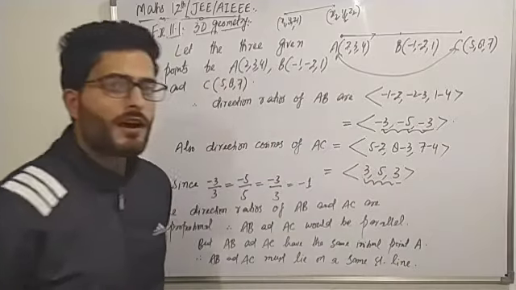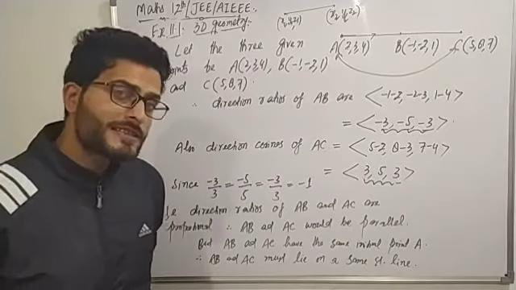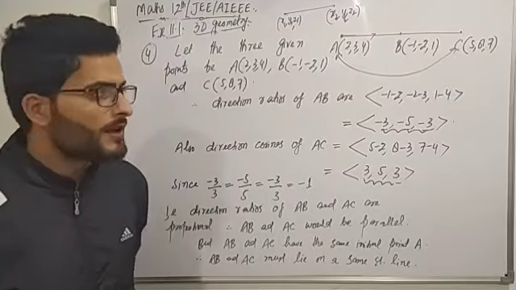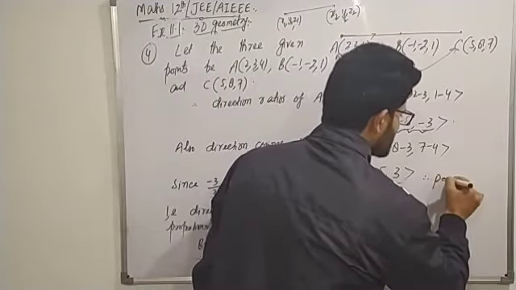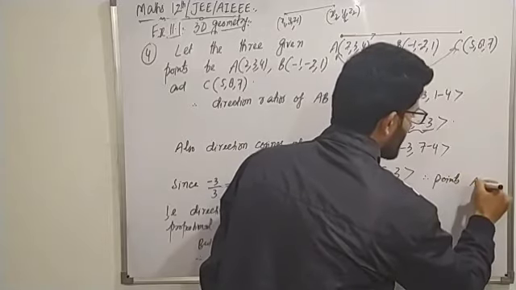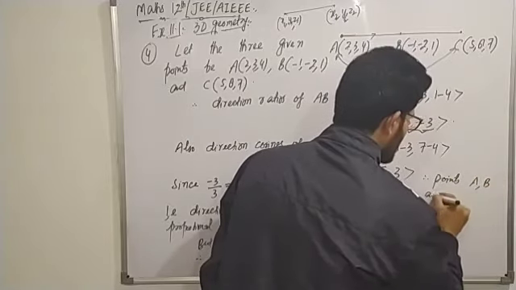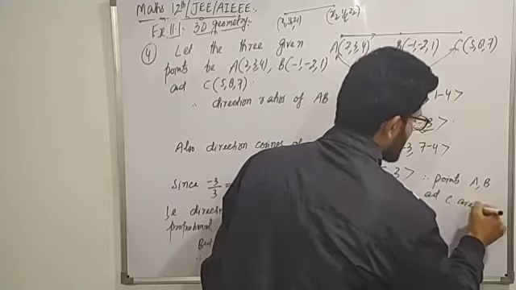So they must lie on a same straight line. When AB and AC are lying on a same straight line, therefore points A, B and C are collinear.